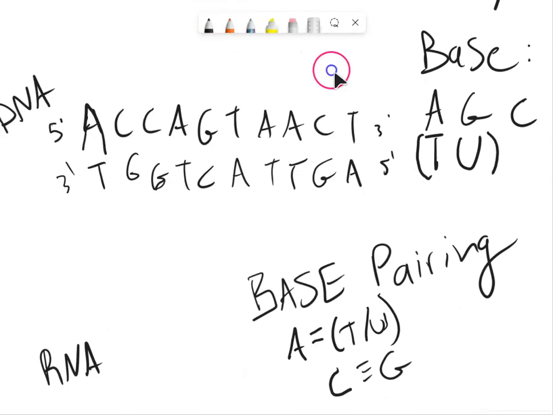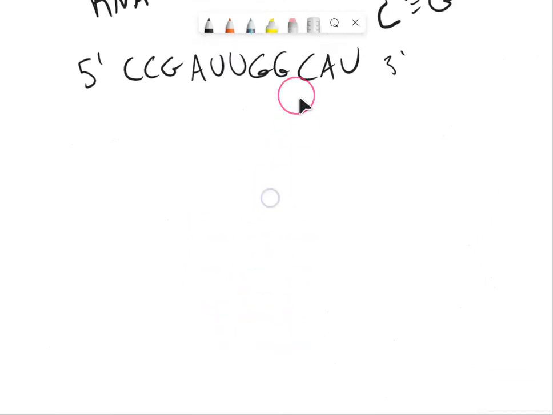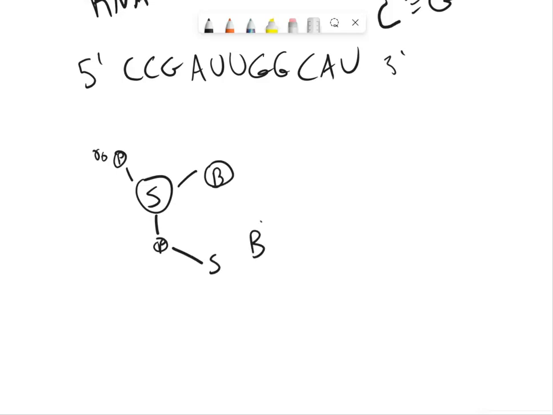And let me just real quick show you what it looks like when nucleotides form a chain. So this is the base, we'll call it B. This is the sugar, we'll call it S. And these are little phosphates. Basically, this sugar will bond with a phosphate from the next one. And this sugar will bond with a phosphate from this next one.